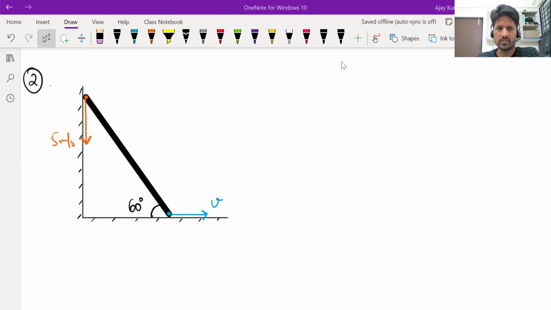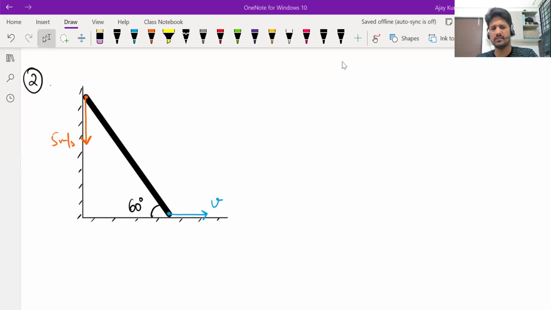I got one answer as 5 root 3. We'll see. Others also send your answers quickly. One more answer also has 5 root 3.